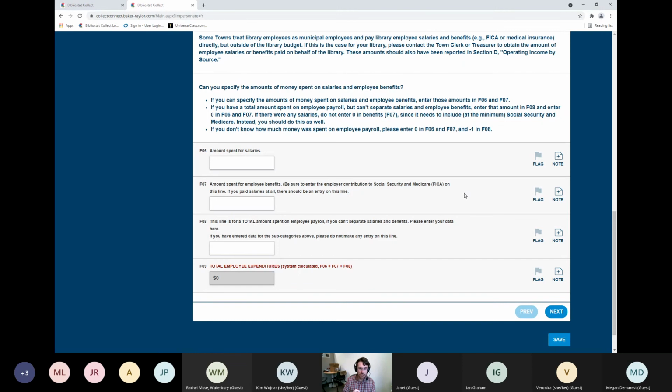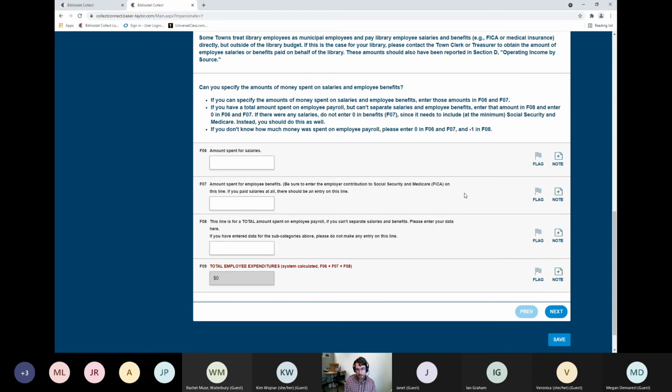But it also includes the employer contributions to Social Security and Medicare, which means if you have any employees, even if they do not get retirement or insurance or anything, they should still be here for Social Security and Medicare. So there shouldn't be a zero here if you have any staff at all.